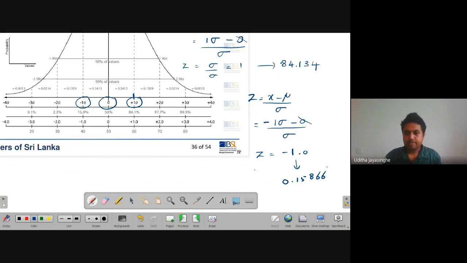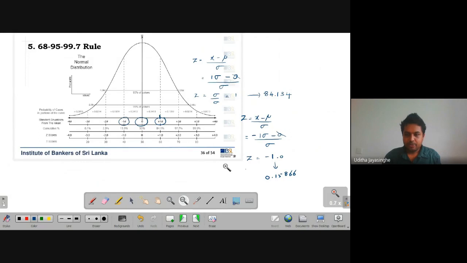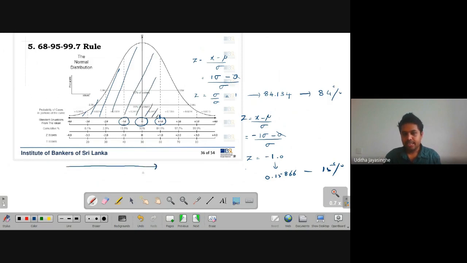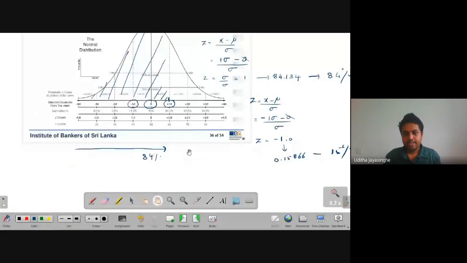So now students, let me quickly sum up the probabilities with an approximation. This is 84% and this is 15%. So what have these two values given me so far? This particular area under the curve is approximately 84%.